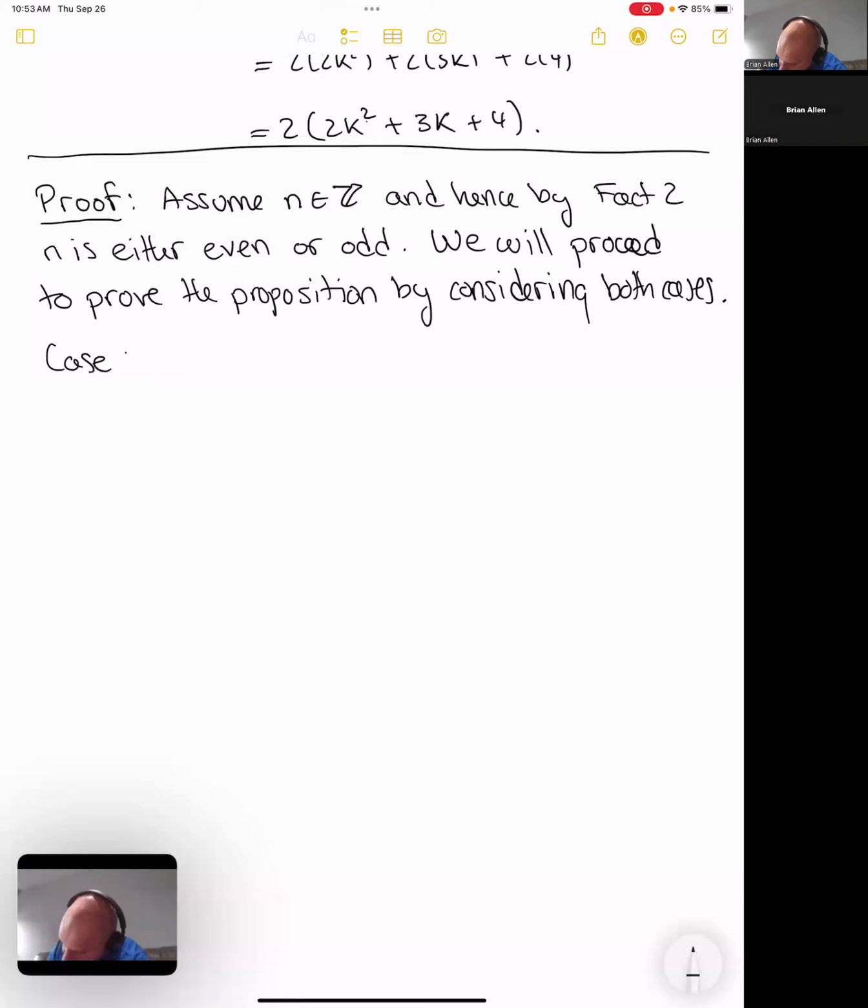Okay, so case 1 is if n is even. Then in this case, n is equal to 2 times k for some k, right?